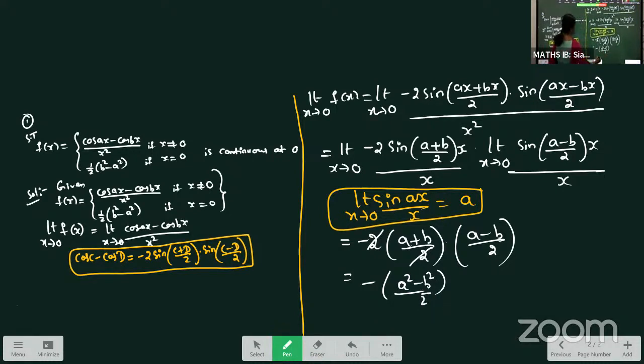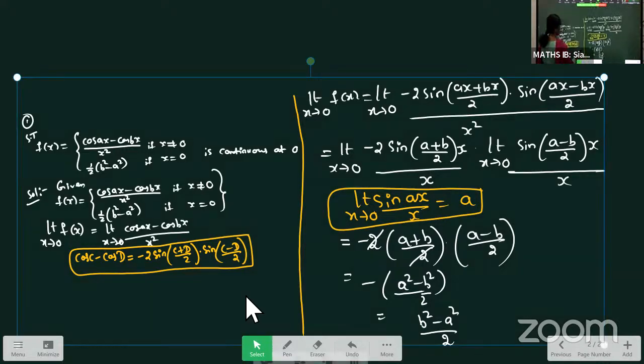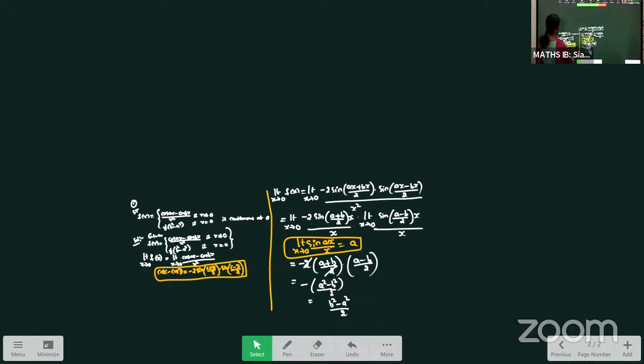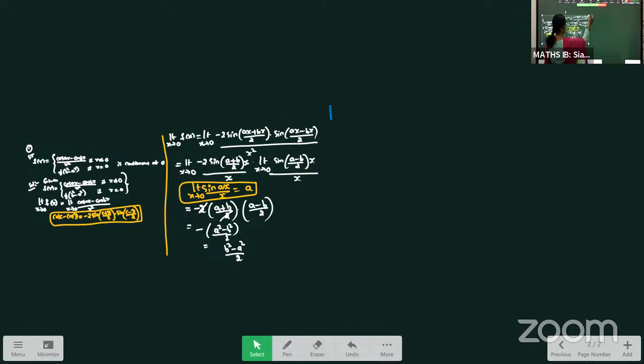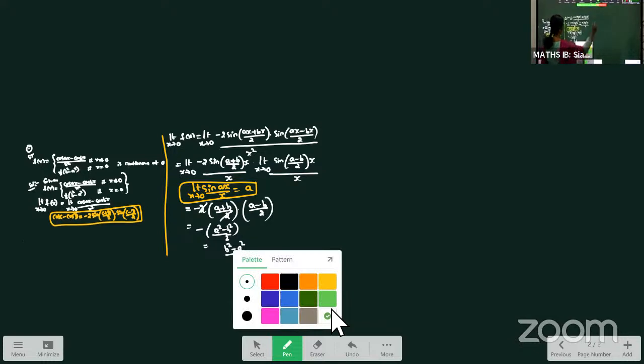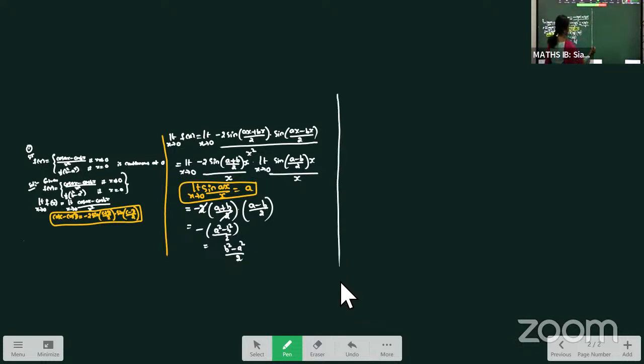Now next step, what can we write here? This will be b square minus a square by 2. You can write one more simplified step here. This can be written as half of b square minus a square.